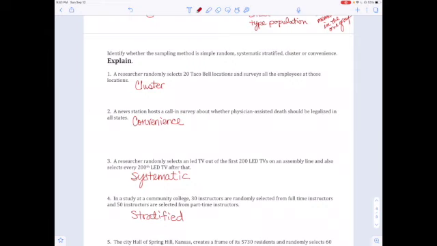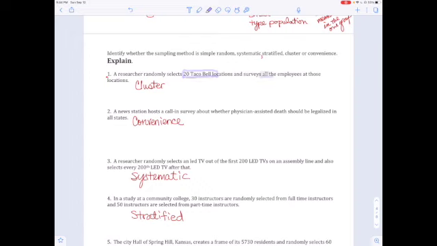It says identify whether the sampling method is simple random, systematic, stratified, cluster, or convenient. And then they want you to explain. So I'm going to just highlight them. Number 1, a researcher randomly selects 20 Taco Bell locations and surveys all the employees in those locations. The 20 Taco Bells are very similar, okay?